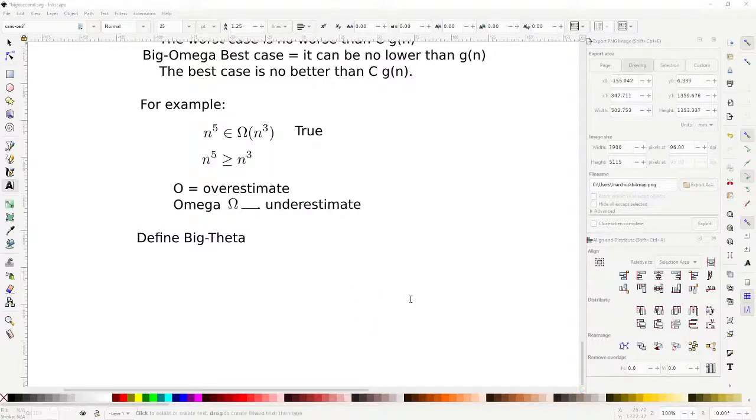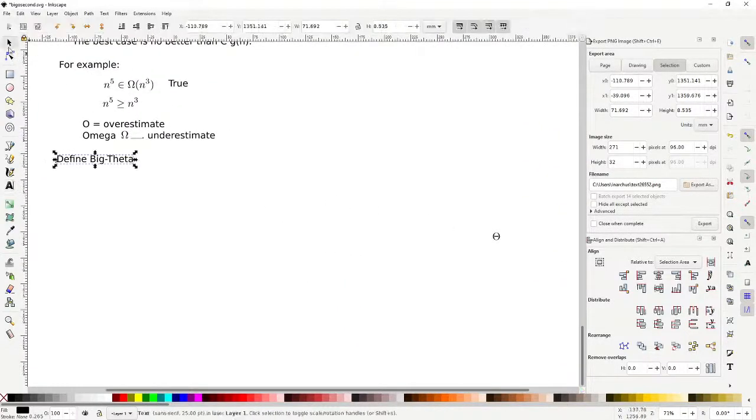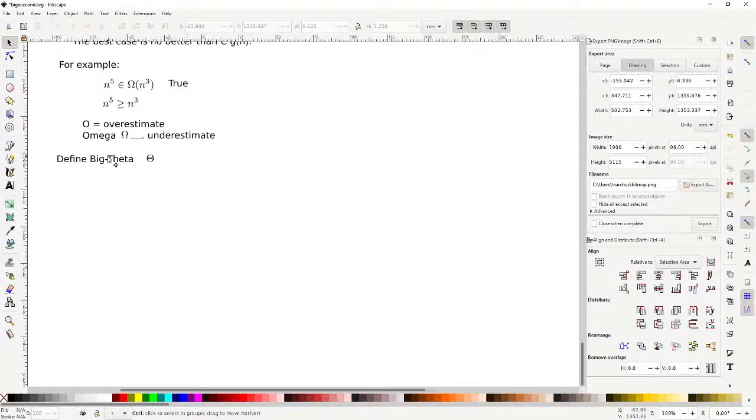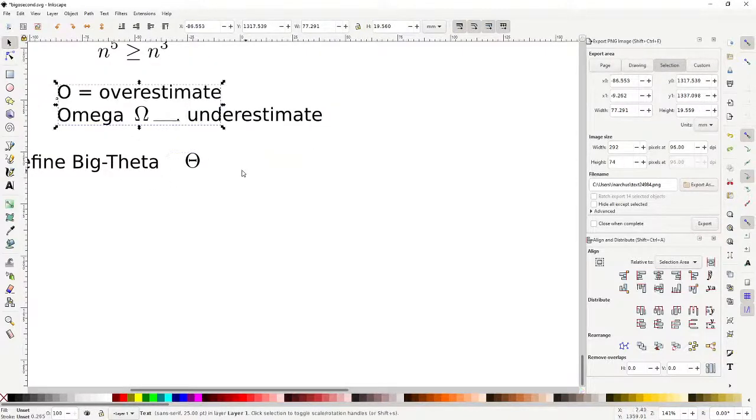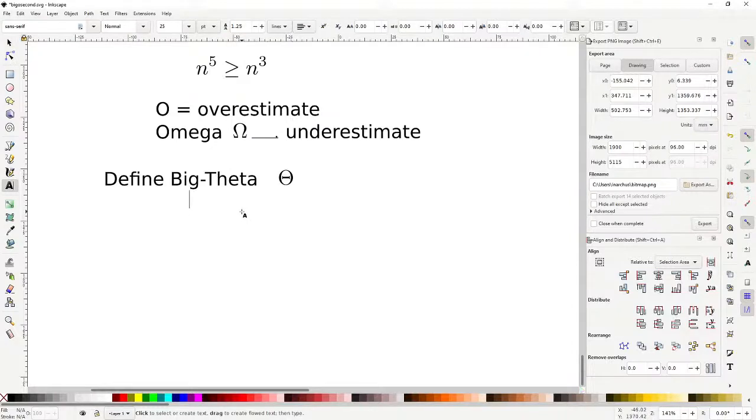And it's even better because if you look at big theta, it kind of shows you graphically what it means. O is like an overestimate, omega is like the underestimate, and then theta looks like it's going right through the middle. And what mathematicians tend to call this is what's called a tight bound.